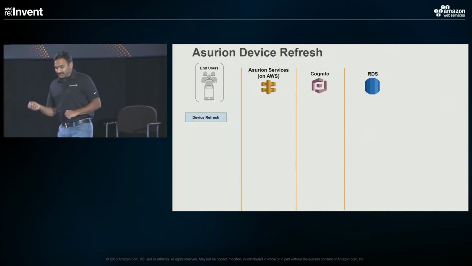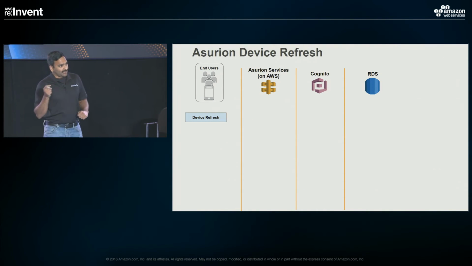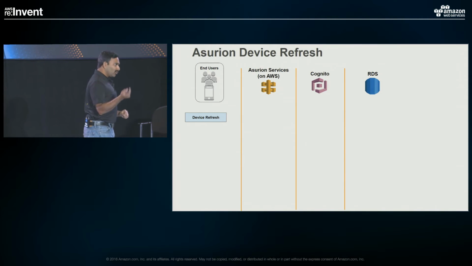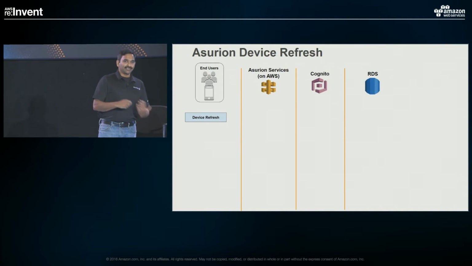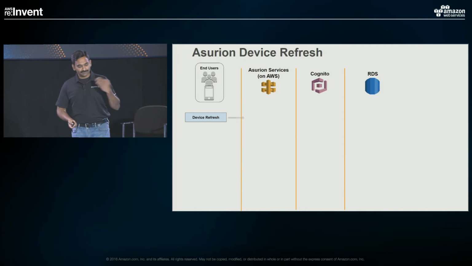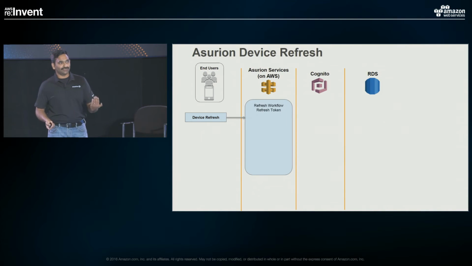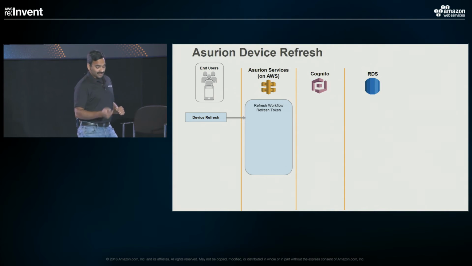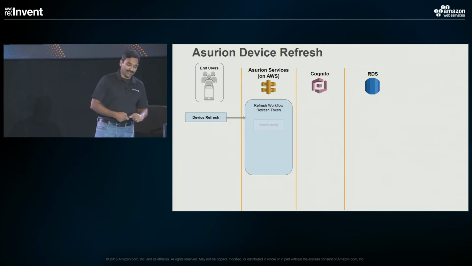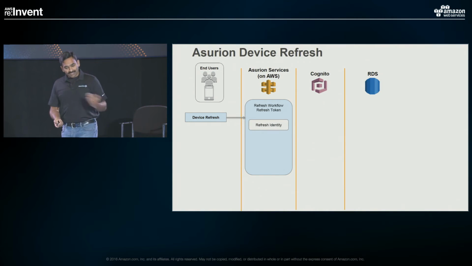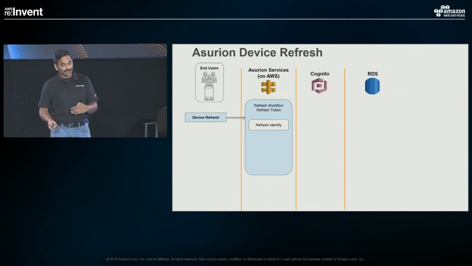So the device refresh, access token, identity tokens, they have a 1 hour limit on them. So asynchronously, our app takes care of refreshing that so that when the user wants to invoke a service, it has the latest token or a valid token already there. So it passes the refresh token.